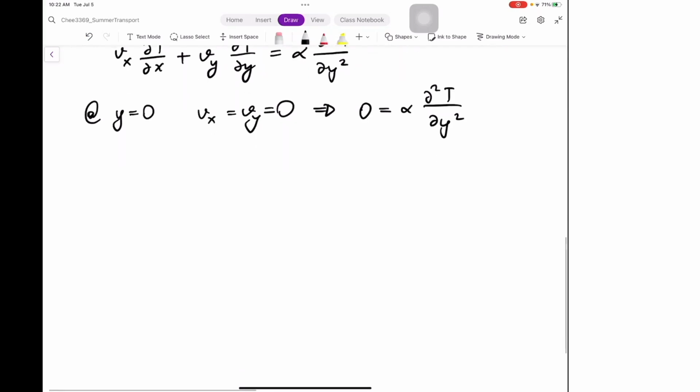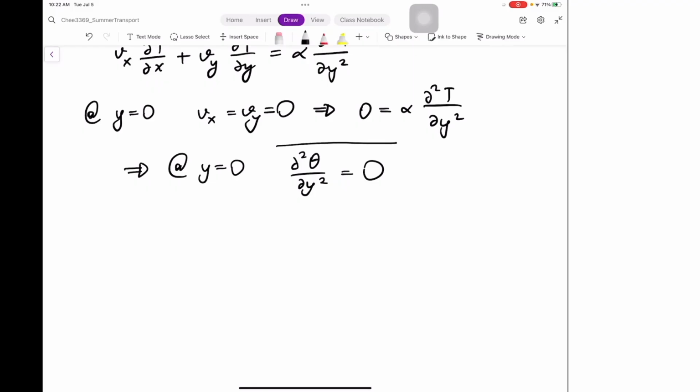From here, we get that at y is equal to 0, del squared T over del y squared is equal to 0, or in other words, del squared theta over del y squared is equal to 0. Okay, that's our fourth boundary condition.